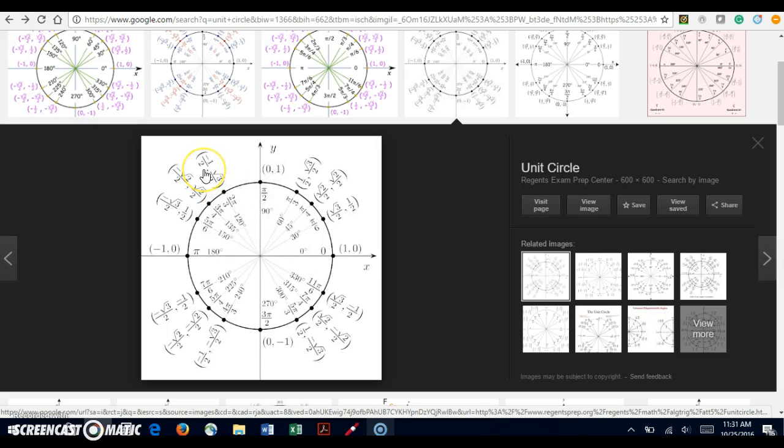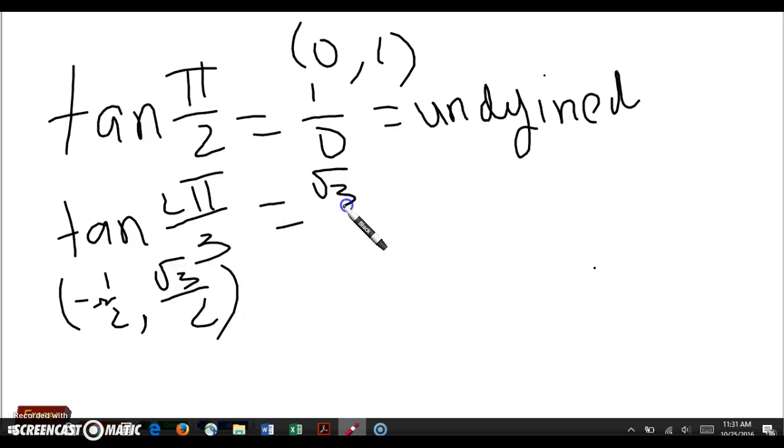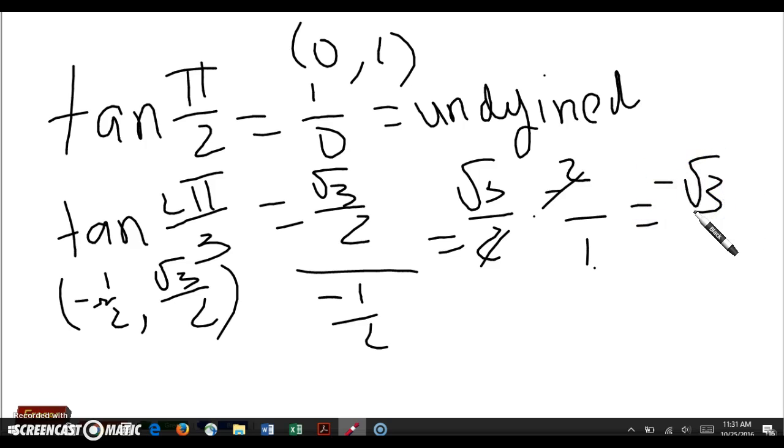So that point is -1/2, square root 3 over 2. And so I get square root 3 over 2 divided by -1 over 2, which is the same as square root 3 over 2 times 2 over -1. The 2's cancel out, I'm left with negative square root of 3. So tangent of 2 pi over 3 is negative square root 3.